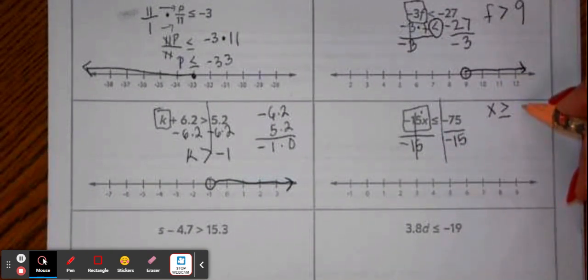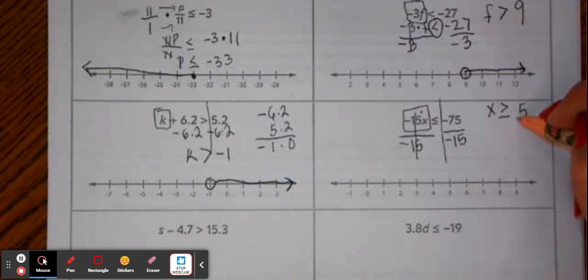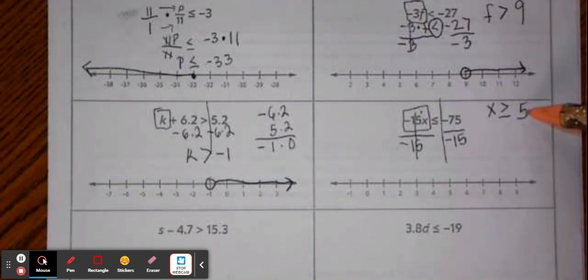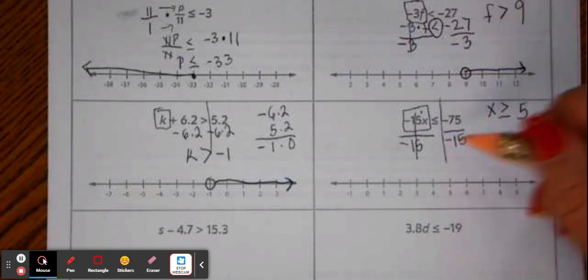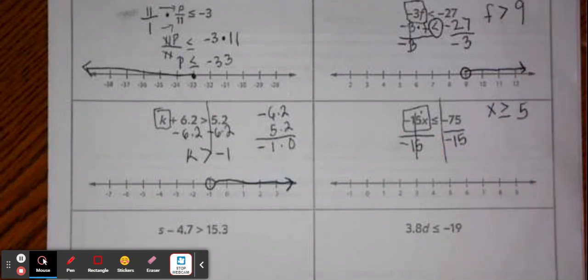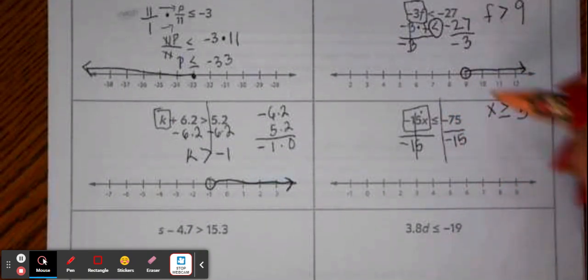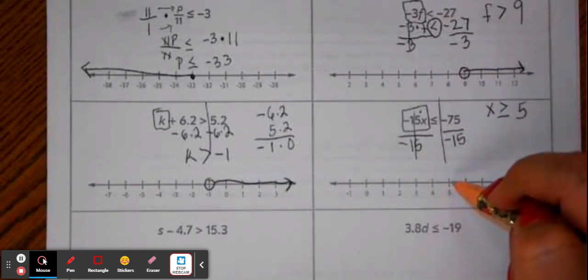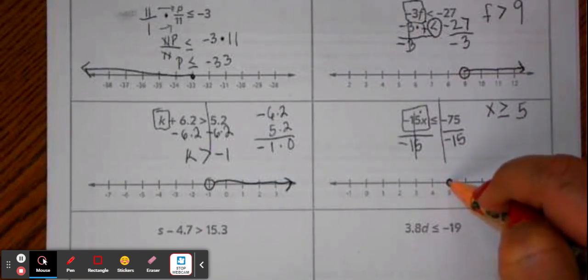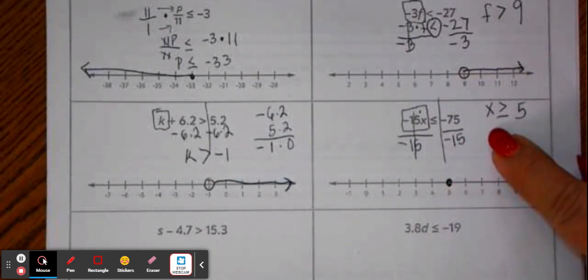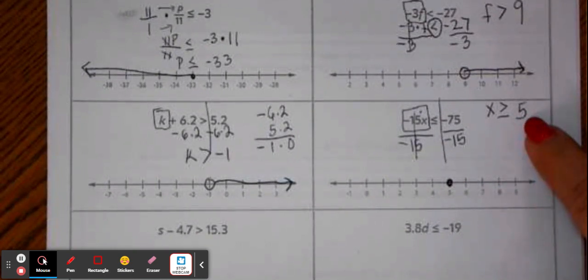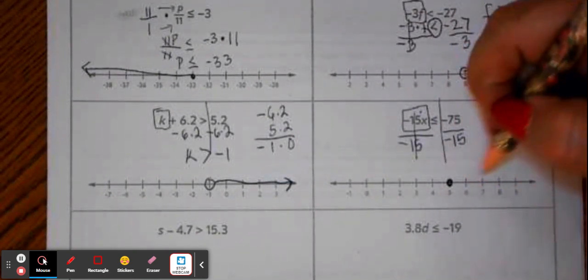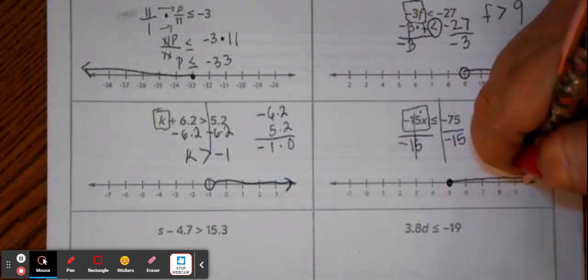If you're wanting to work that out, you can. 5 times 5 is 25, regroup. 5 times 1 is 5, plus 2 more is 7. Negative divided by negative will get me a positive. Because it is equal to, I'm going to include my 5. My x needs to be equal to or greater than 5. And now I'm going to go to the right.